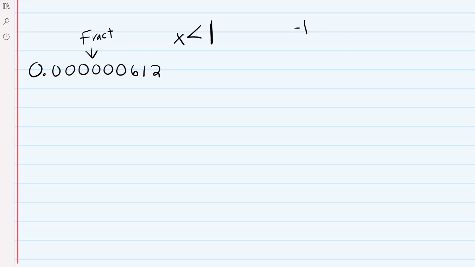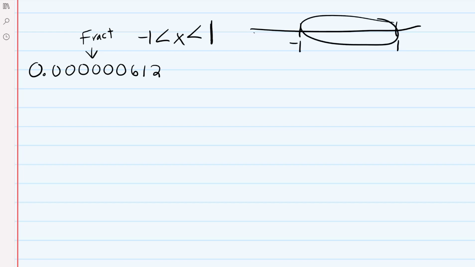Actually, the number is greater than -1. If it fits on the number line between 1 and -1, the exponent will be negative. Remember, negative means, like if you have 10 to the -1, that becomes 1 over 10, a fractional number. So anytime you have a fractional number, the exponent will be negative.